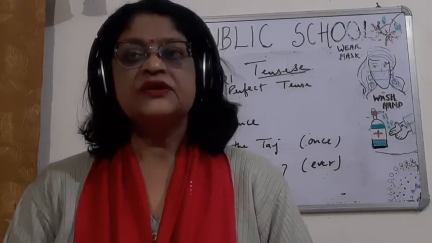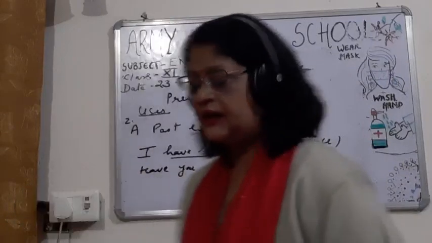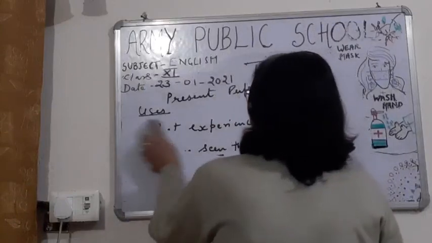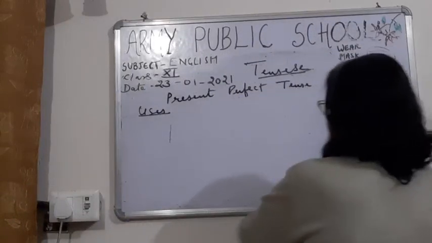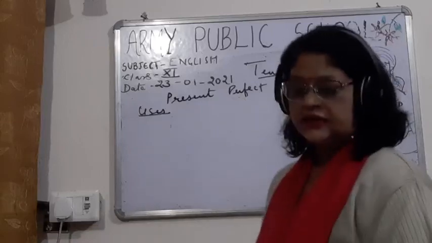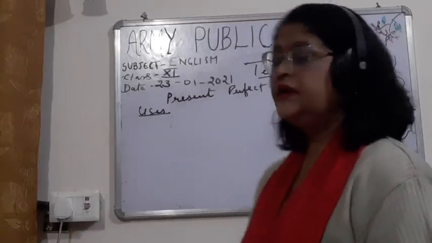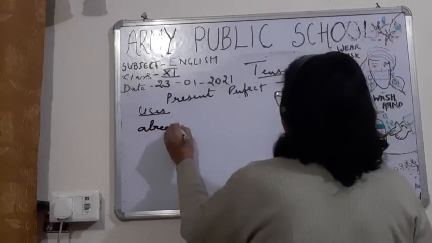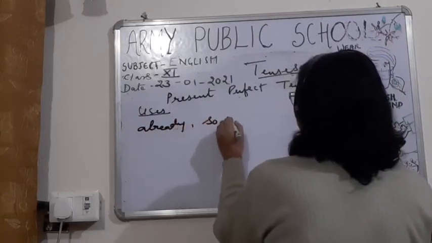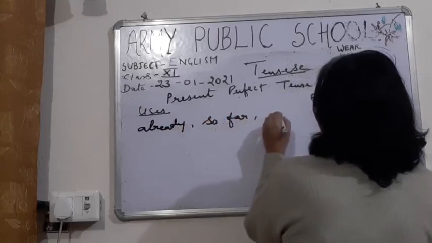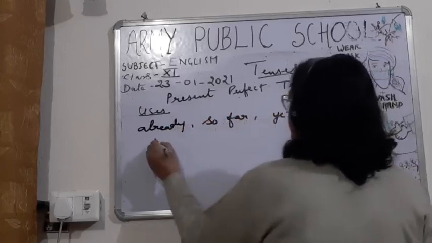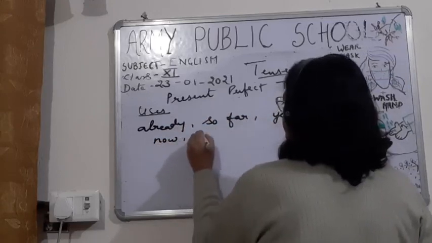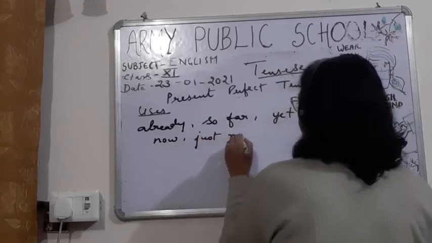And now the third thing, children: any action that includes already, so far, yet, now, just now.